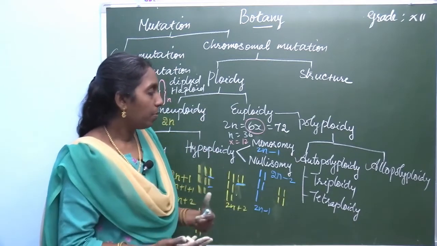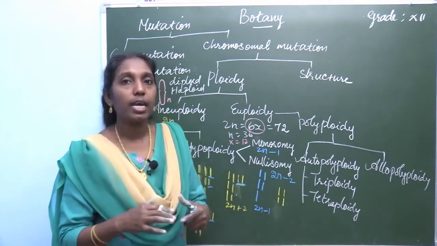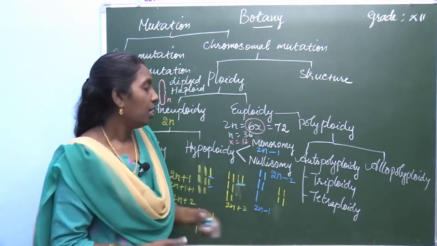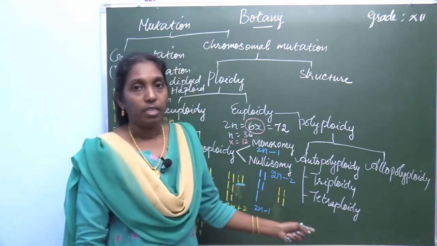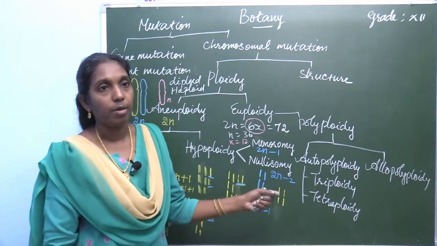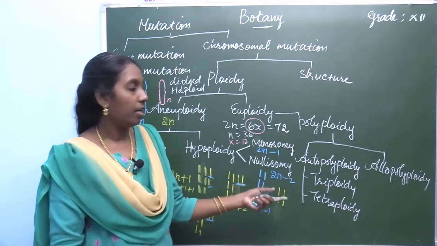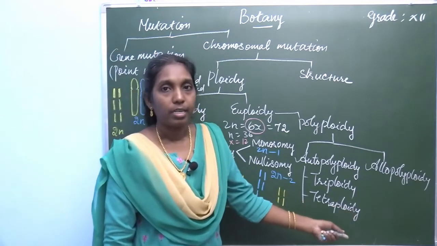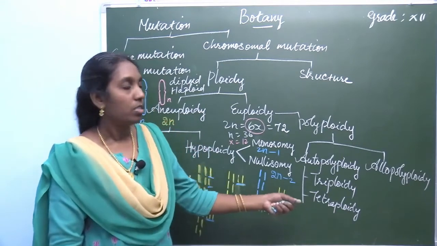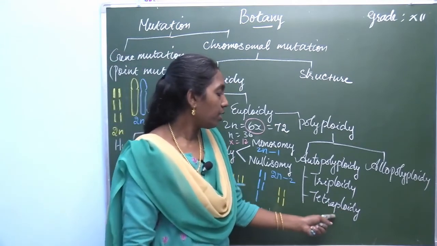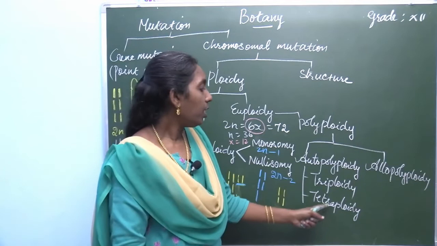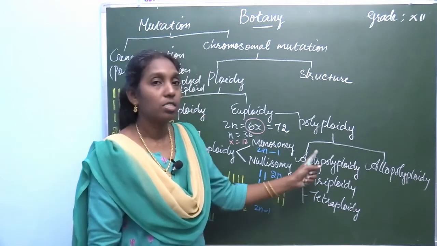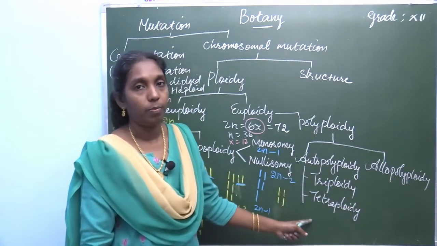The chromosome numbers within the species can be increased. Tetraploidy examples include wheat, grapes and tomato. So triploidy and tetraploidy come under autopolyploidy.